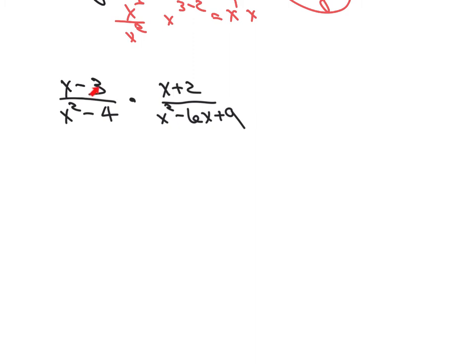They cannot be simplified. They're as simple as we can go. So we're going to ignore those. But we do see that this is a difference of 2 squares, and that can be written as x plus 2 times x minus 2. And this we can also write as x minus 3 times x minus 3 when we factor it into our two binomials.